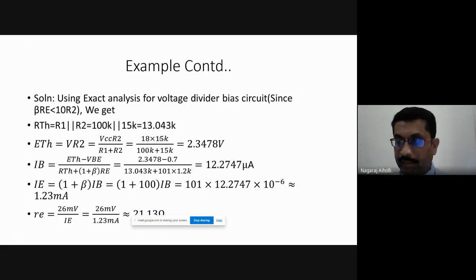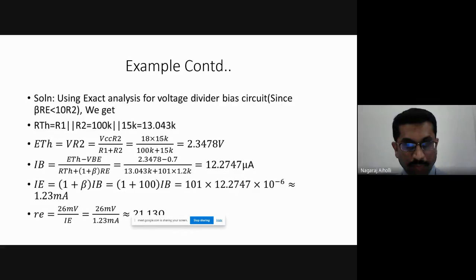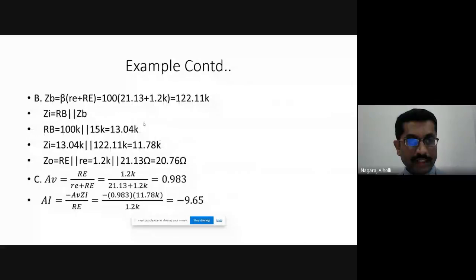Who calculated that? Anybody calculated? Pratmesh? Sir, 11.78. 11.78, exactly. 11.78 kilo ohms. Fine.